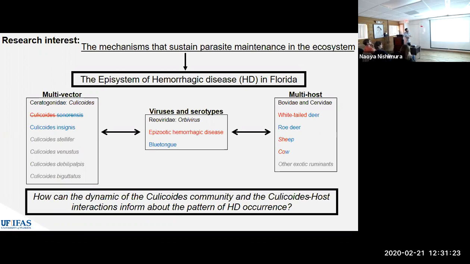So the idea is to try to integrate all the ecological information that we have, but with a lot of unknown parameters related to the biological aptitude of these vectors and hosts. My research questions are around how the dynamics of the Culicoides community and the interaction of Culicoides and hosts could be used to inform about the dynamics of HD.